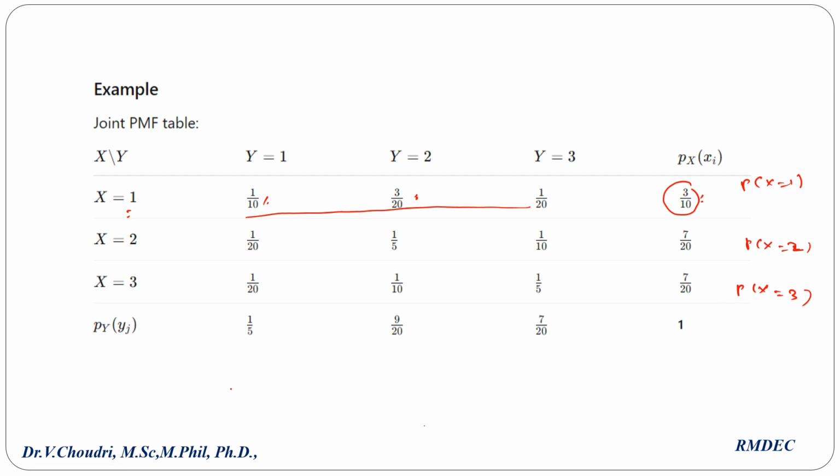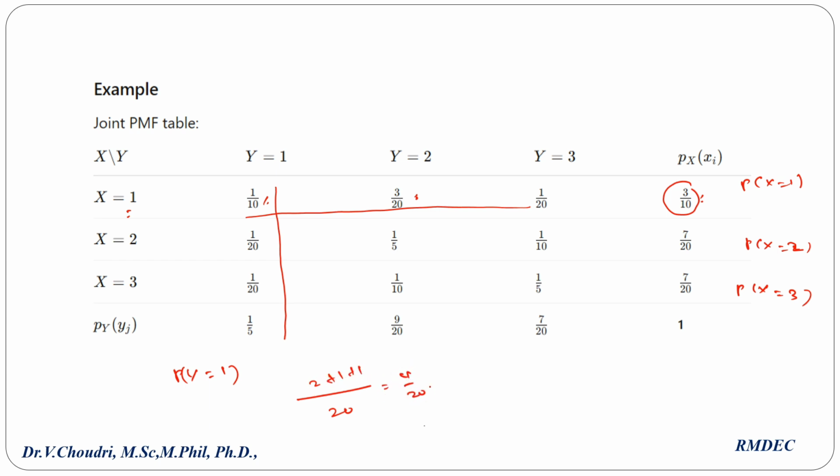Okay. Now the marginal function of y. P of y equal to 1, summing over x: x equal to 1, x equal to 2, x equal to 3. 1/10, 1/20, 1/20. What is the answer? 1/5. Let us see. LCM is 20. Here it is 1/10 only, so to make LCM 20, 2 plus 1 plus 1.